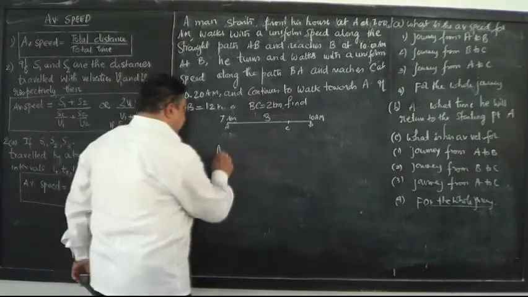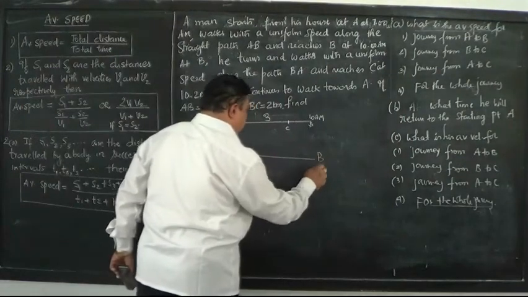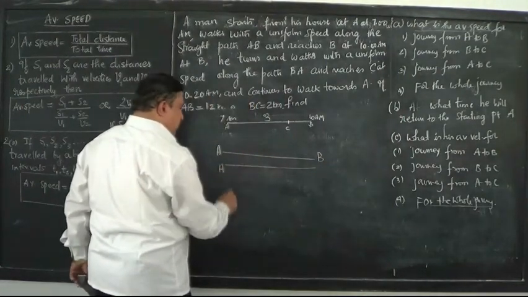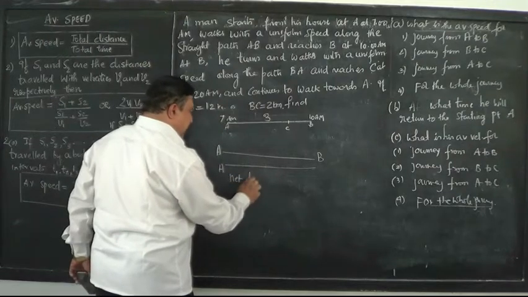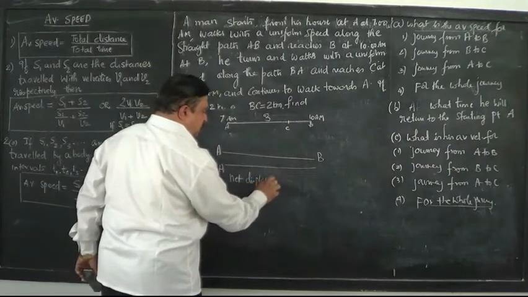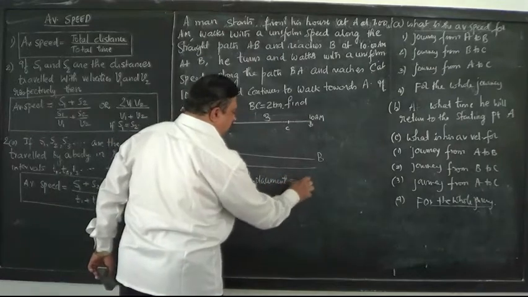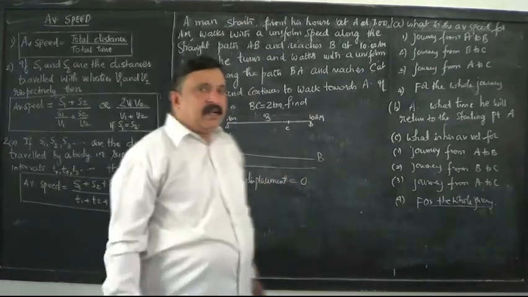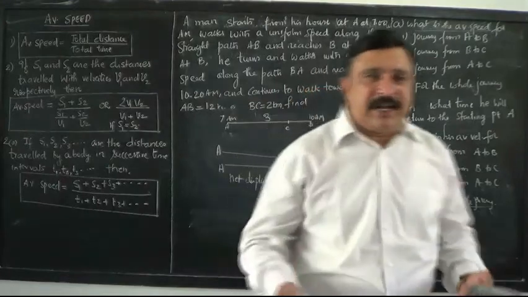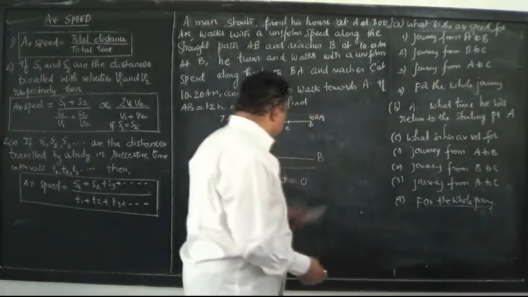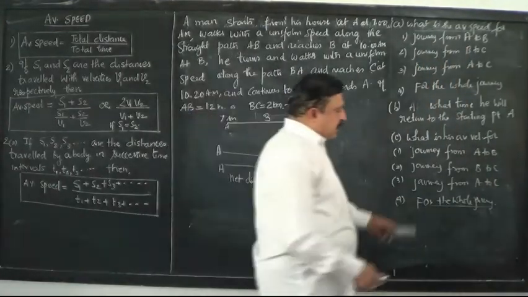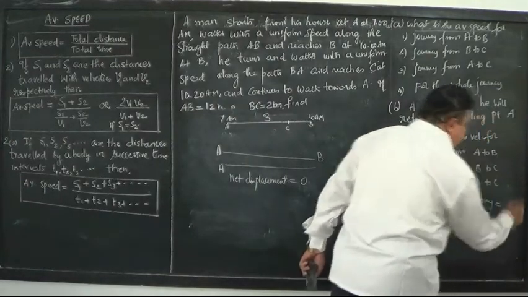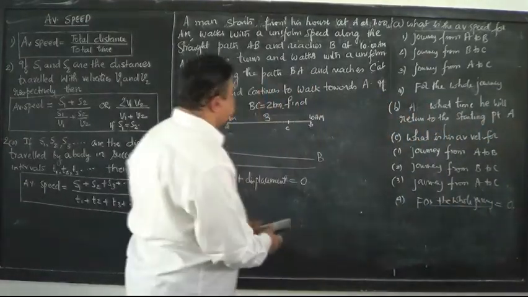The person goes from A to B and comes back to A. So net displacement is 0. I told you whenever the displacement is 0, the average velocity is 0. So for the whole journey, the average velocity is 0. Okay?